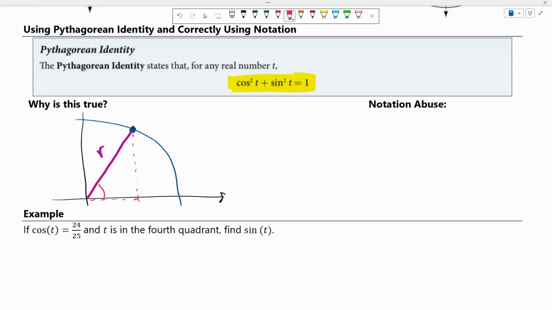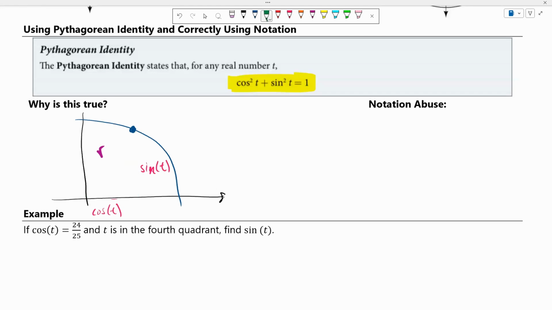We get to this point by going an angle t, and we know that the x component is cosine of t, and the vertical component is sine of t. You see the triangle that's there? Here's the triangle. I'm going to make it in green.